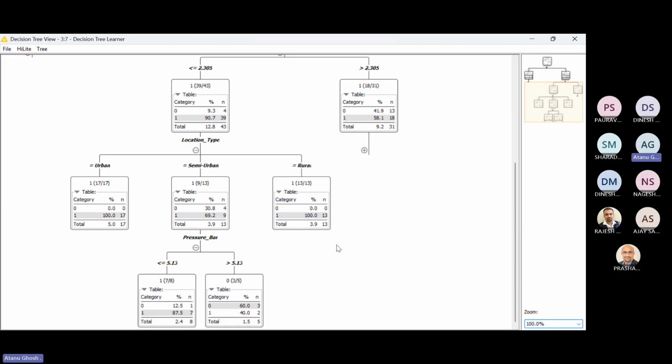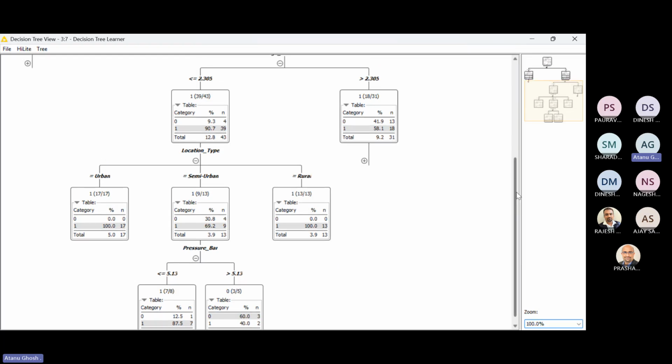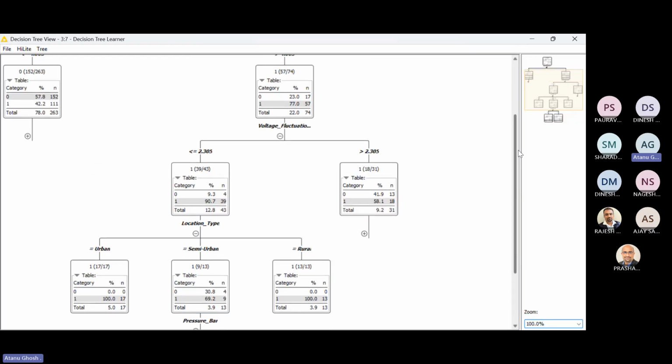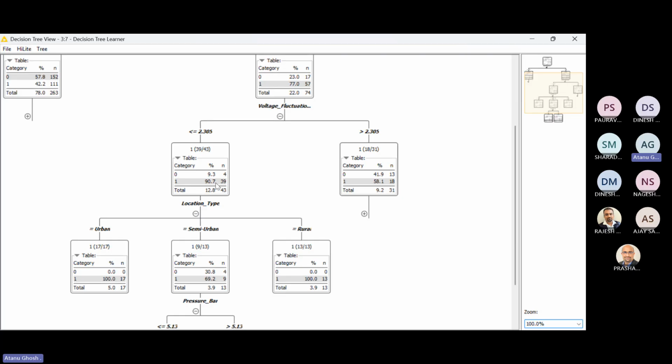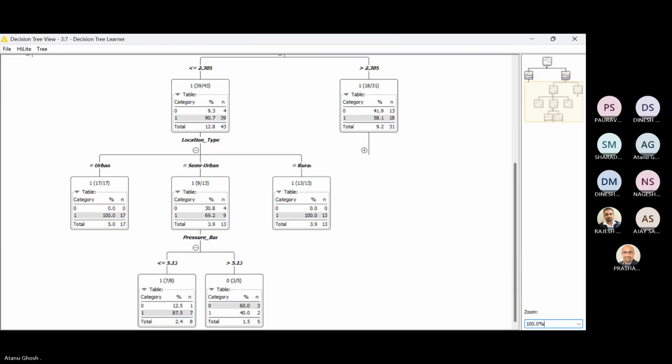There is no impurity. Entropy is 0. And where it's almost 50-50, the entropy is the highest. Here also you see where it is urban, there's 100% probability the machine will break down if the voltage is less than 2.3 and the location is urban. So whether the location is urban or rural, if the voltage is less than 2.3, the machine will break down. But when it is semi-urban, that's when it looks at the next category, which is pressure bar.